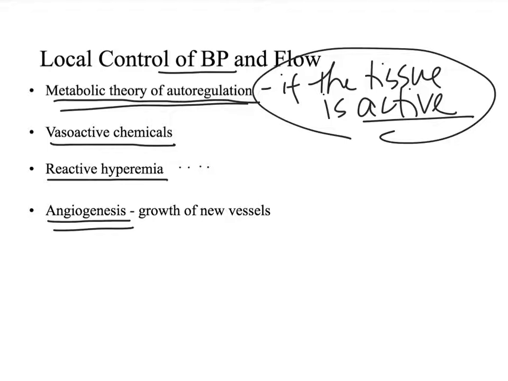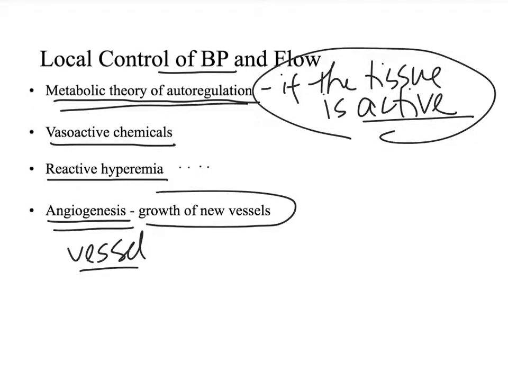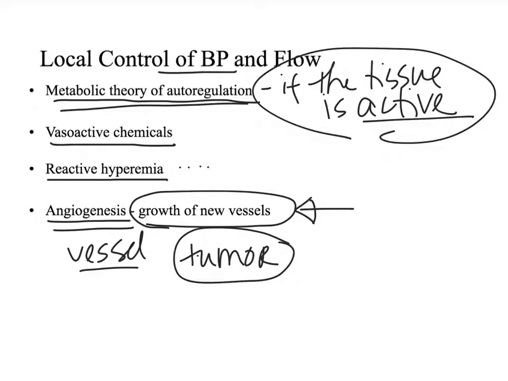Angiogenesis is a really interesting concept. So angio is vessel, and genesis is like growth of, or birth of, or the beginning. So this is about the growth of new blood vessels. It's of interest in cancer research.